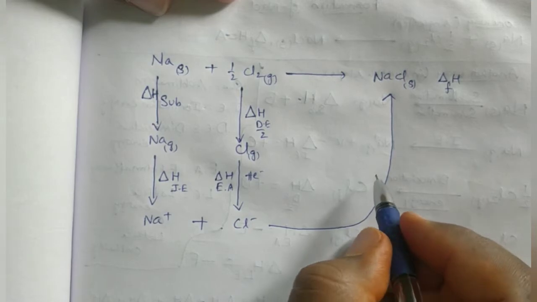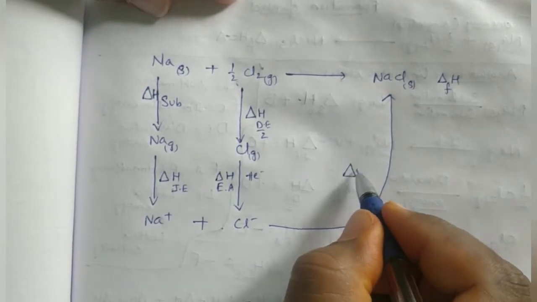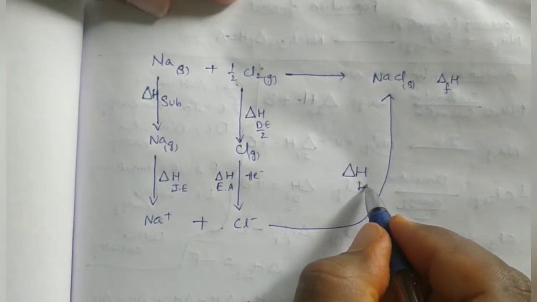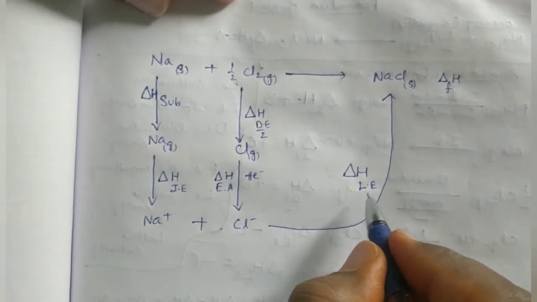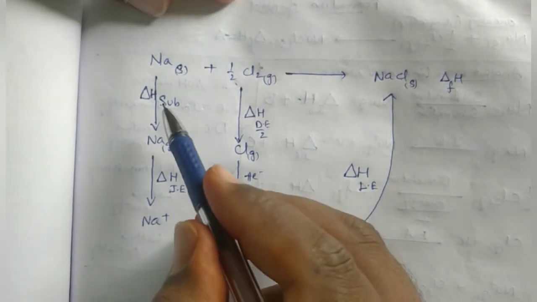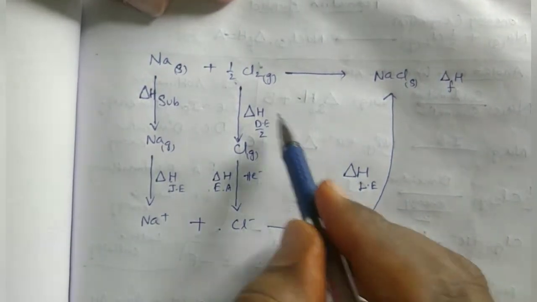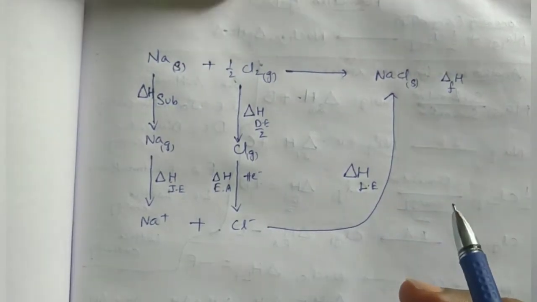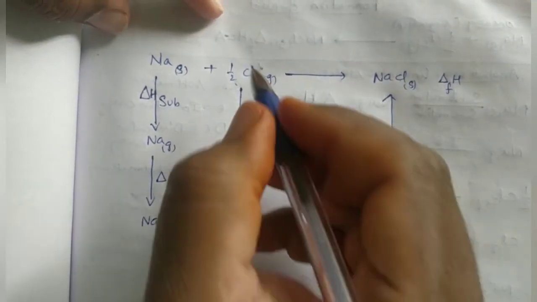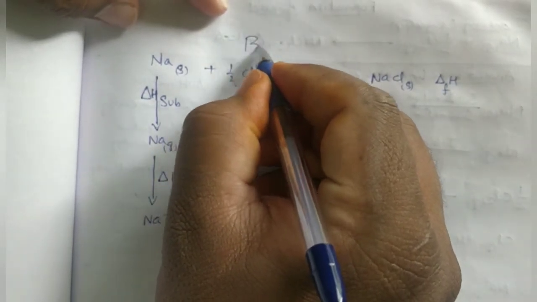At that time, energy is released, that is called delta H Le, lattice enthalpy. So this 1, 2, 3, 4, 5, this total addition is equal to delta HF. This is the representation which is called the Born-Haber cycle.